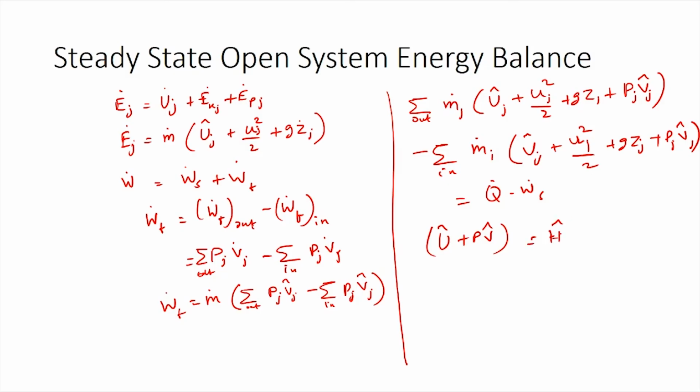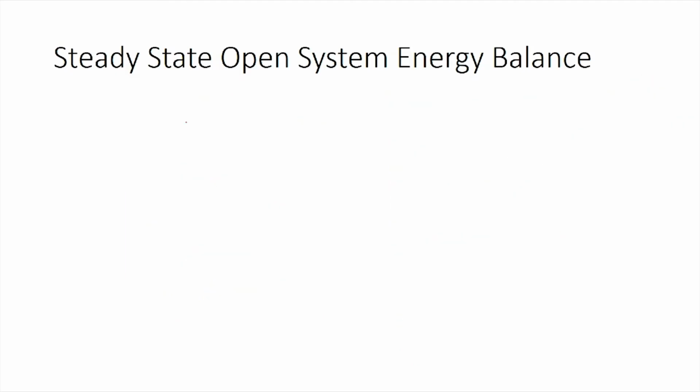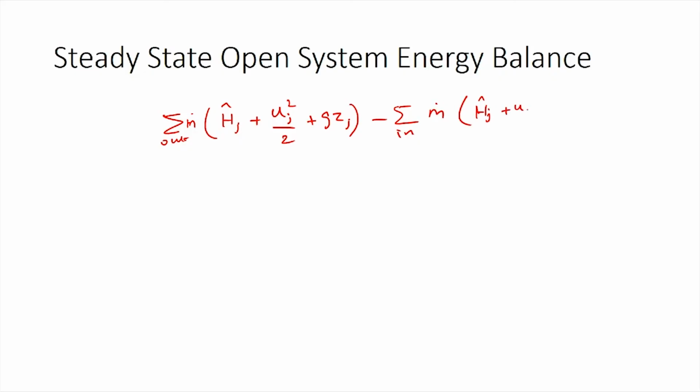This means the equation can be simplified and written as sigma out of m dot times (H cap j plus u j squared divided by 2 plus g z j) minus sigma input of m dot times (H cap j plus u j squared divided by 2 plus g z j) equals q dot minus w s dot.